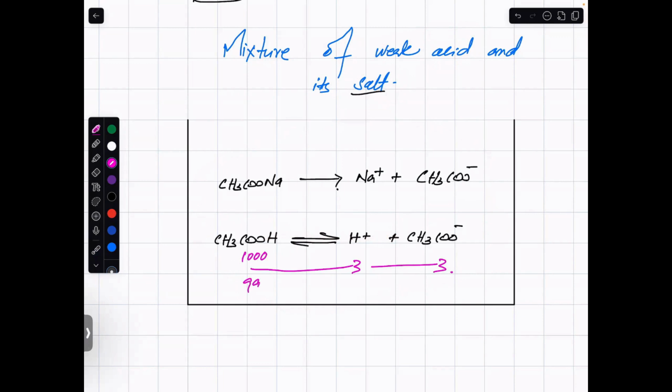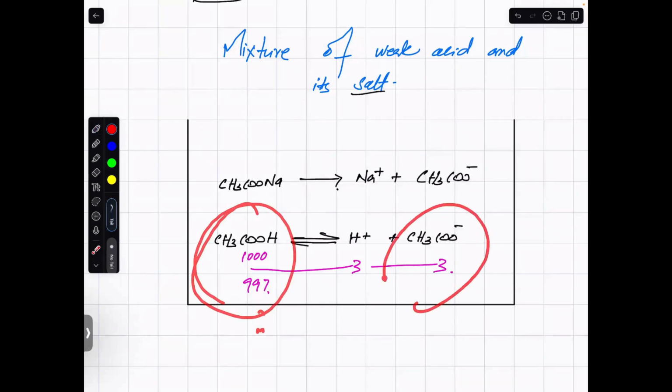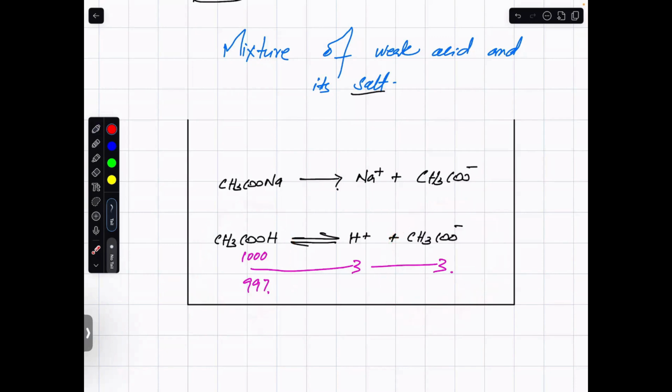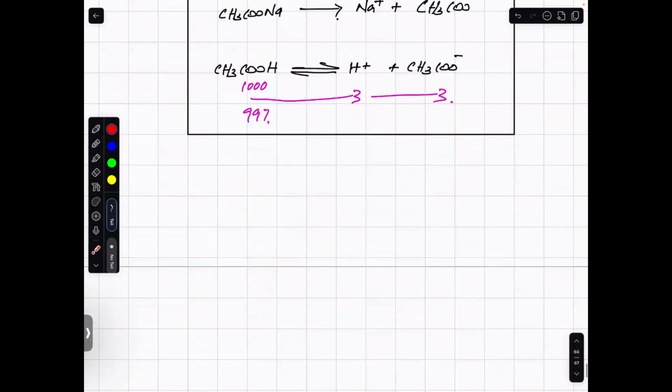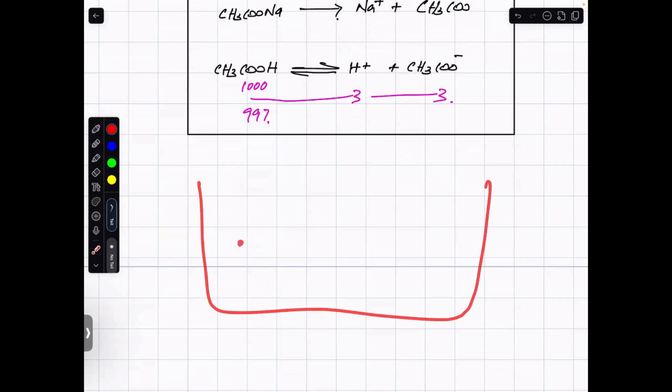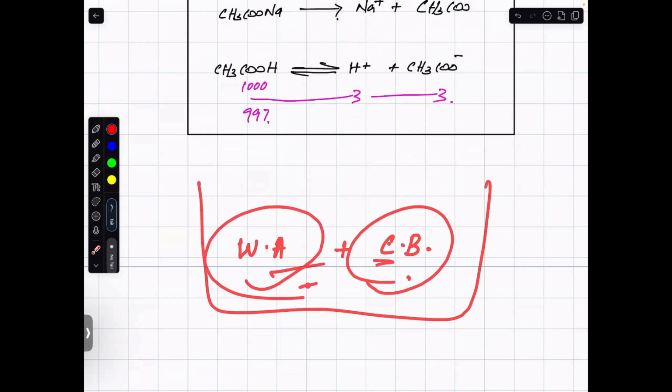And this is 997. Like we have very large amount of the weak acid. But the conjugate base is very small. And to act as a buffer, we must have large excess of weak acid and large excess of its conjugate base. We must have large amount of these two.